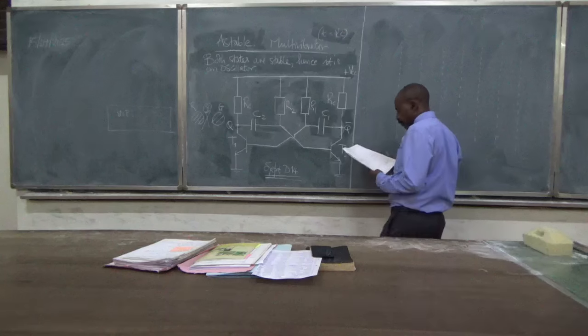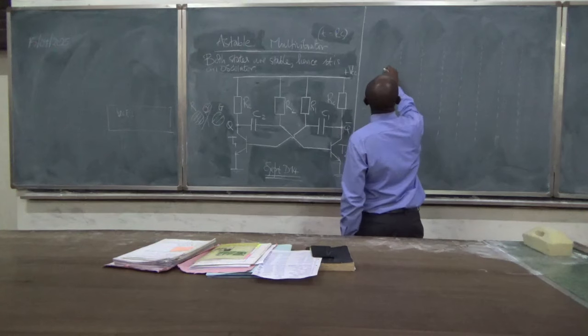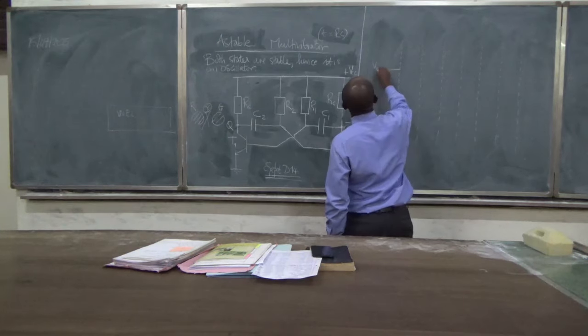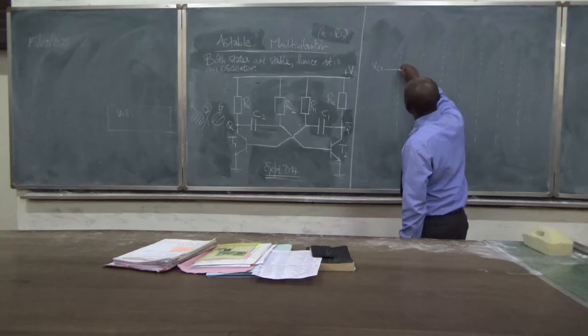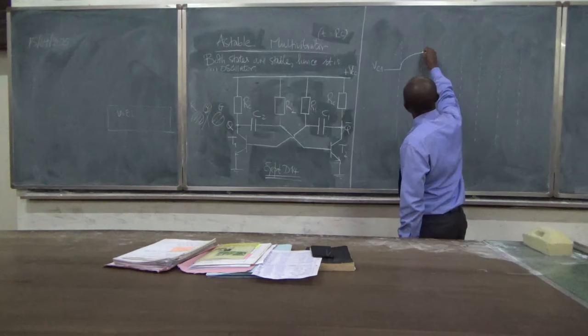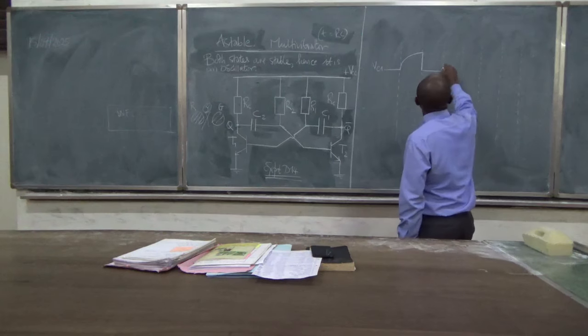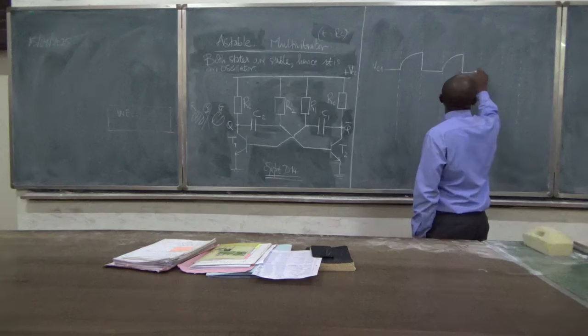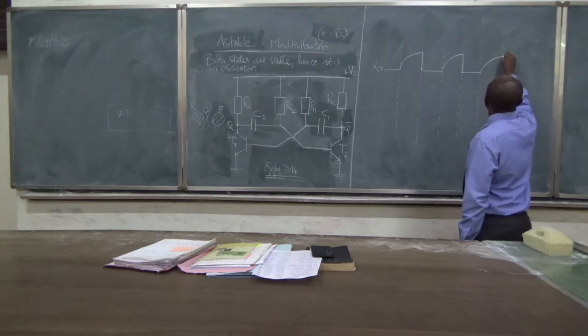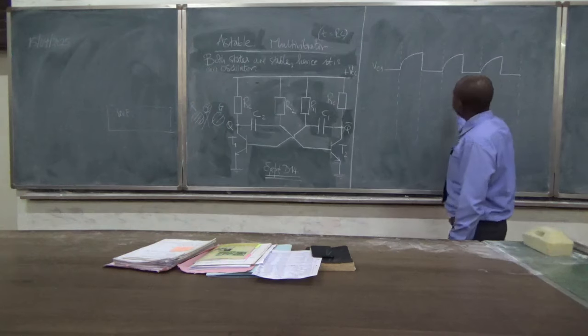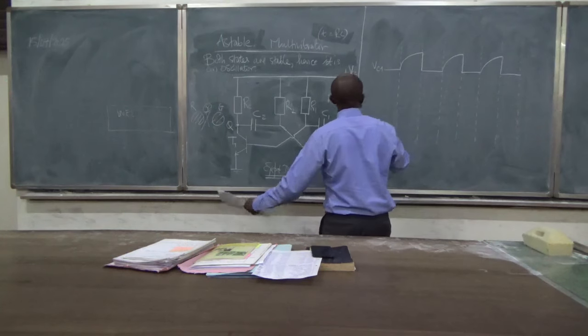So we have VC1, collector 1, when the capacitor is charging, so this is on, this is on, this is on, and then the opposite for VC2 happens.